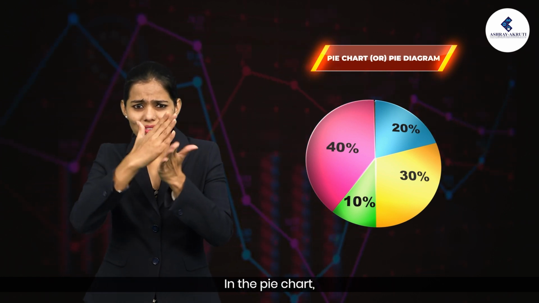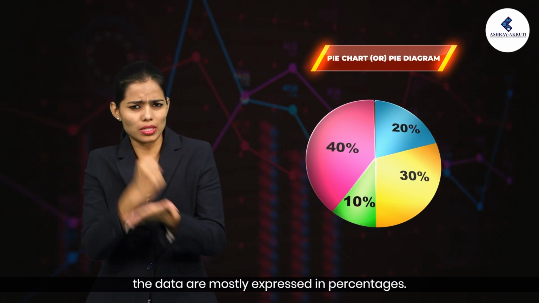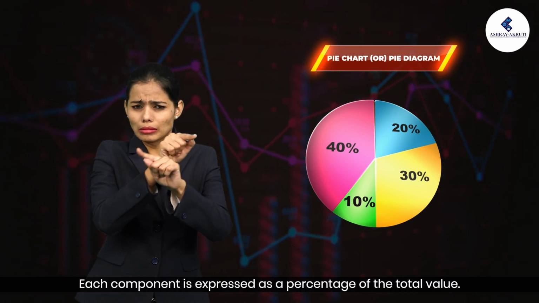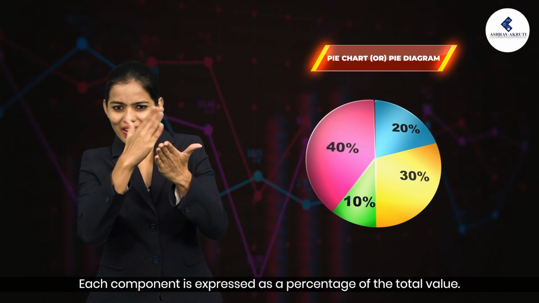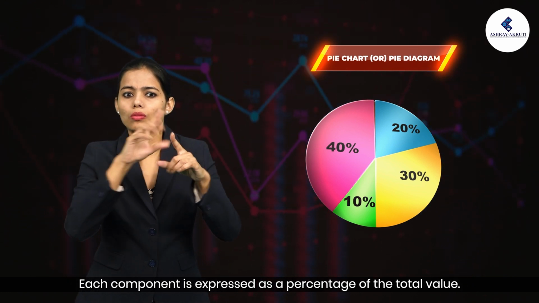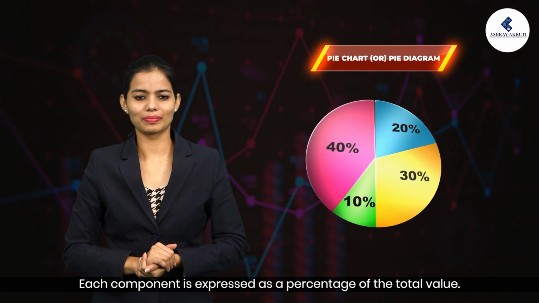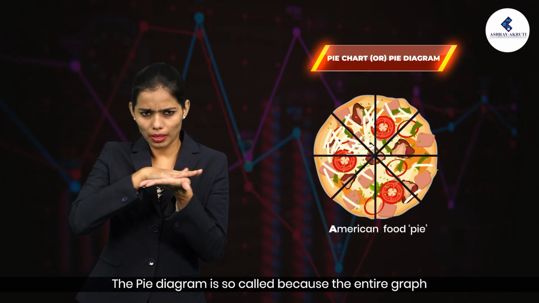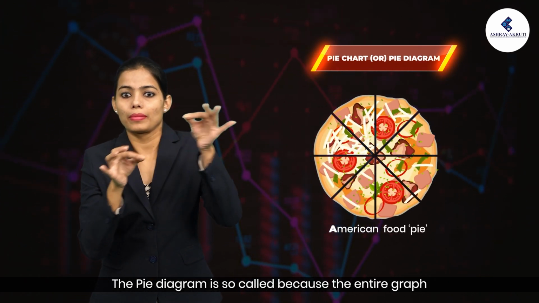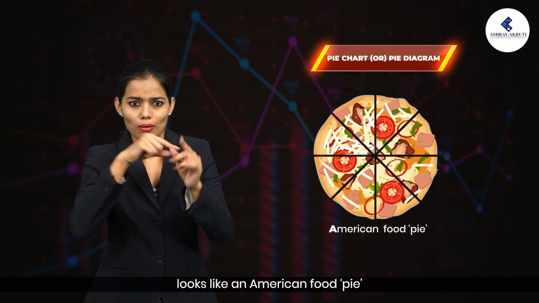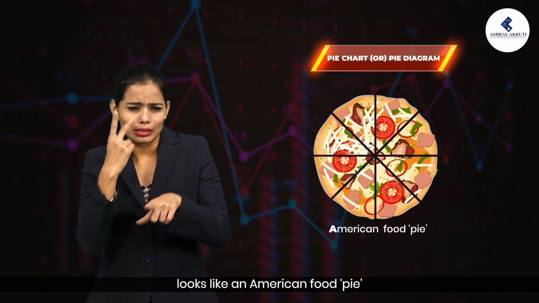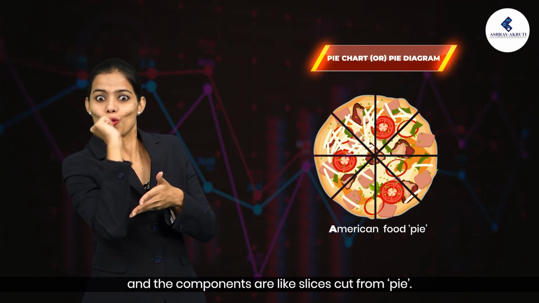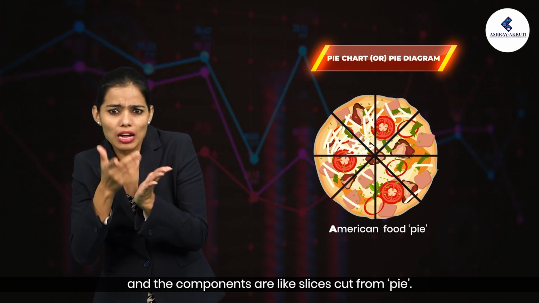In the pie chart, the data are mostly expressed in percentages. Each component is expressed as a percentage of the total value. The pie diagram is so called because the entire graph looks like an American food pie, and the components are like slices cut from a pie.